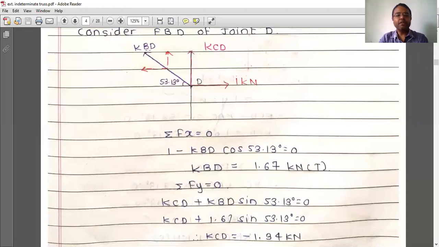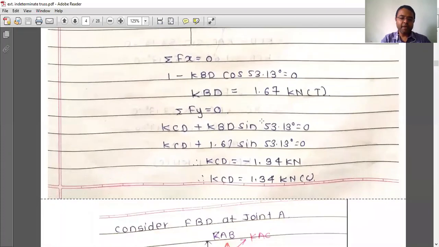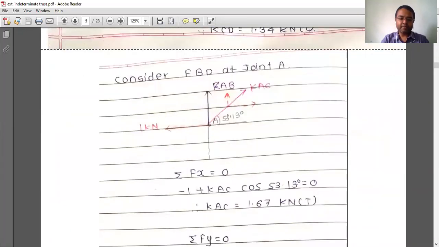Here force in member BD and force in member CD were unknown, both assumed tensile. So just make the answer positive and write it over here. Opposite of negative there is positive, and opposite of tensile there is compression. So finally KCD is in compression.